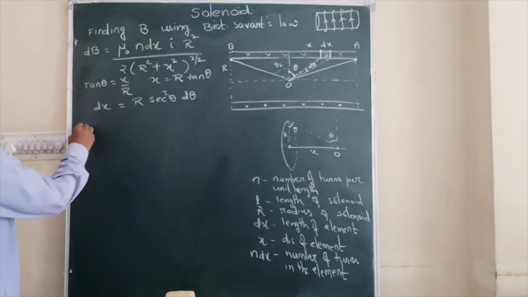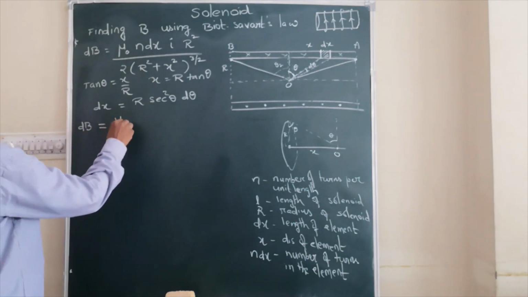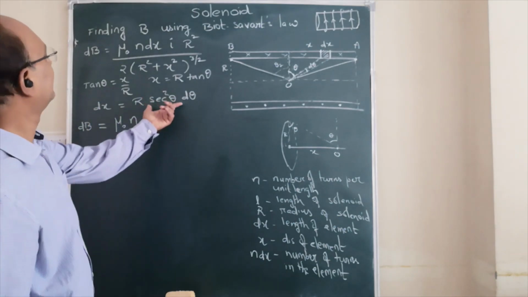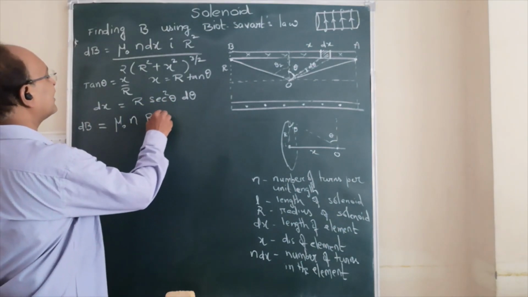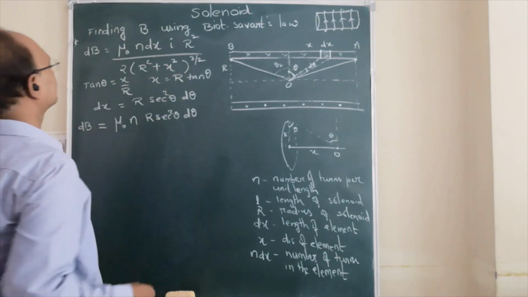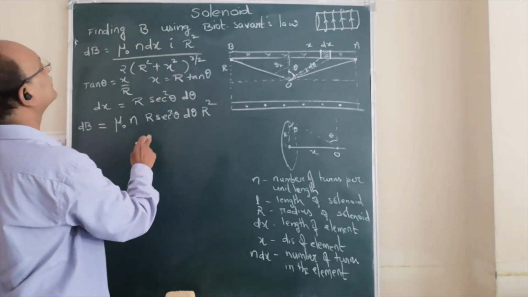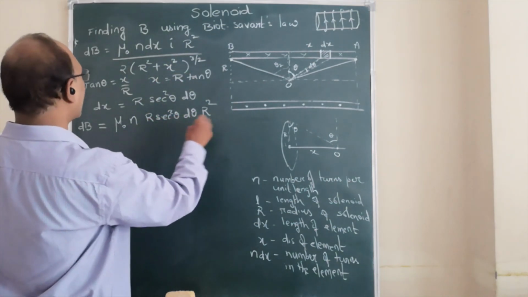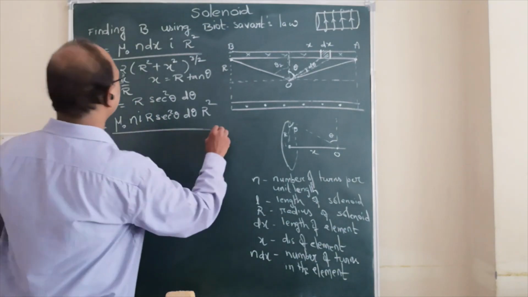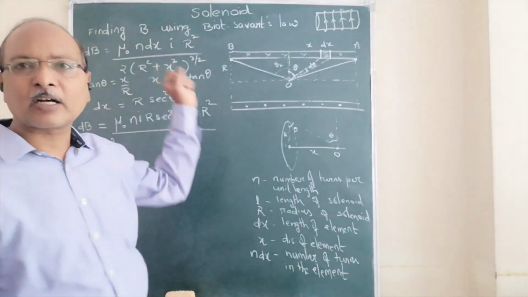So dB is equal to mu naught n. dx means you can write r secant square theta d theta, into r square, into I, by 2 into r square plus x square to the power of 3 by 2.